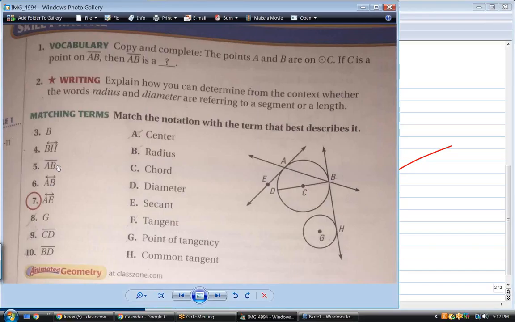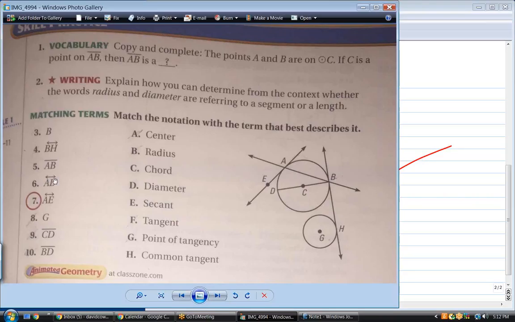Oh, I see what's going on here now. The first question was line segment AB, and then number 6 is the total line AB. Yeah, that's why I asked that, because they're the same thing but different. Good question. You're absolutely right. Line segment AB is a chord.